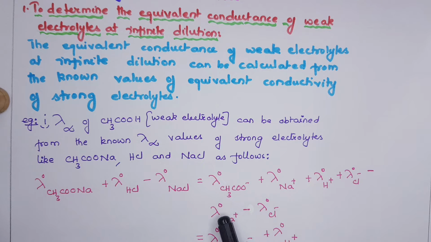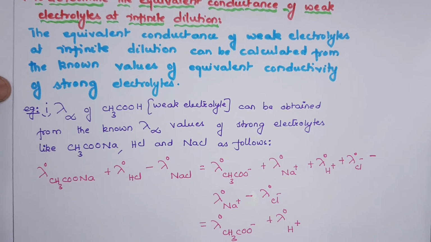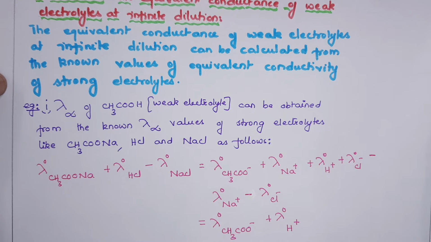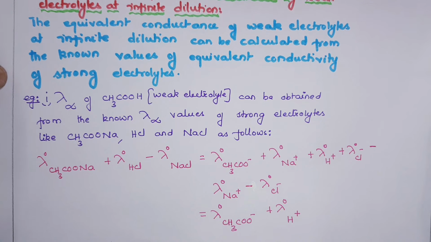So this Na plus will be cancelled. This Cl minus will be cancelled, and what remains? Lambda naught CH3COO minus and lambda naught H plus. That is the formula that we use here to determine equivalent conductance of weak electrolytes at infinite dilution. Understood, students? This is very easy, no big mathematics is here.